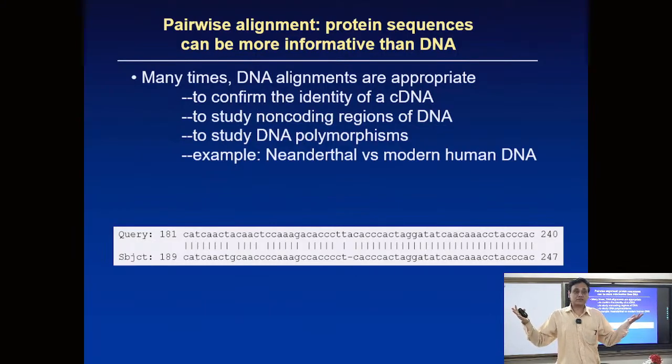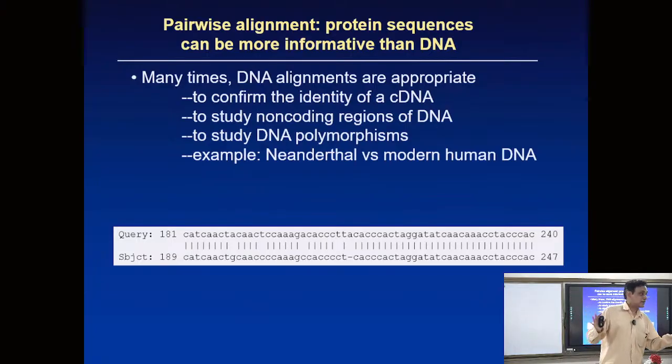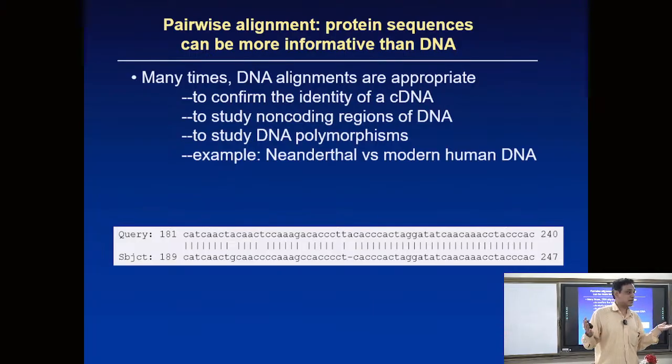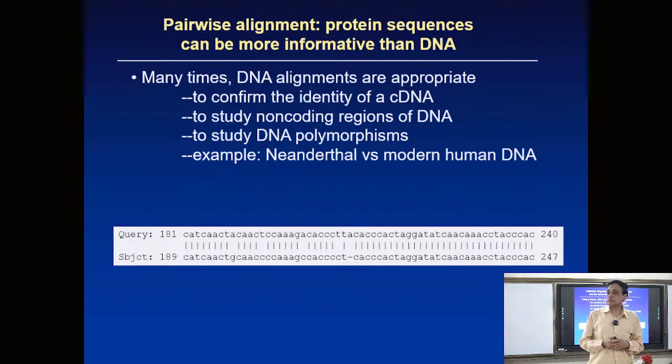Based on that, you cannot say anything about why they are modern and ancient, right? That difference is not there at the level of protein, but it could be reflected at the level of DNA. So if you compare DNA, you can see where the changes happen. Single nucleotide polymorphisms, we discussed this.